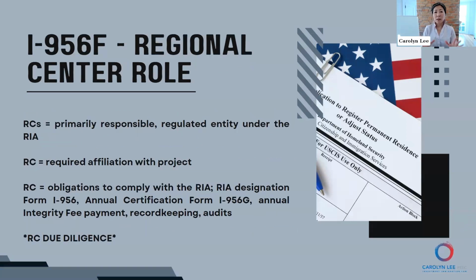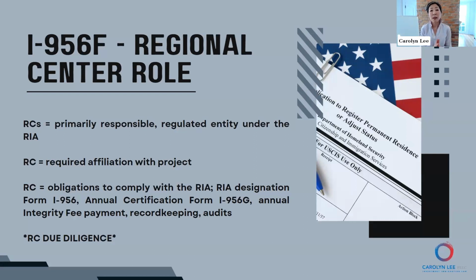I want to just zoom in a little bit on the regional center role because we get a lot of inquiries from fantastic projects that are not themselves also regional centers or affiliated with regional centers yet. And so the regional center due diligence aspect of what they want to do by way of raising EB-5 capital for their project is important.